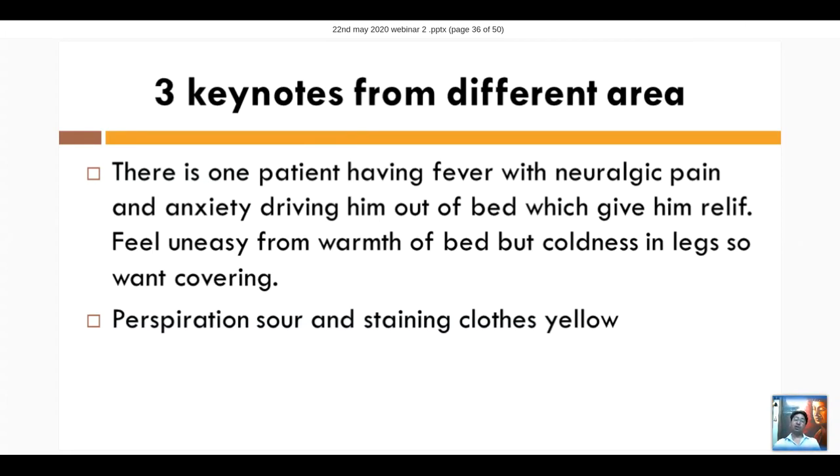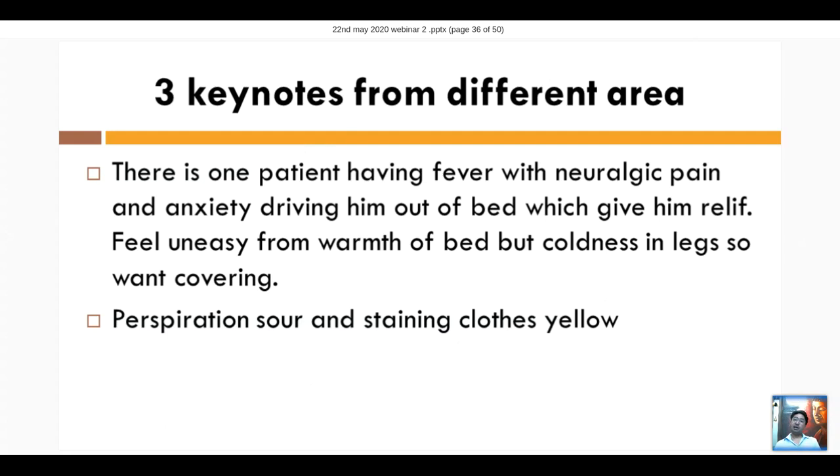This is a very important keynote of Chelidonium. Here the patient has perspiration sore, staining clothes yellow. Along with that, the patient has neuralgia compelling him to walk about, and coldness of the leg which needs to be covered, while at the same time the warmth of the bed aggravates. Now these are the keynotes of the remedy.